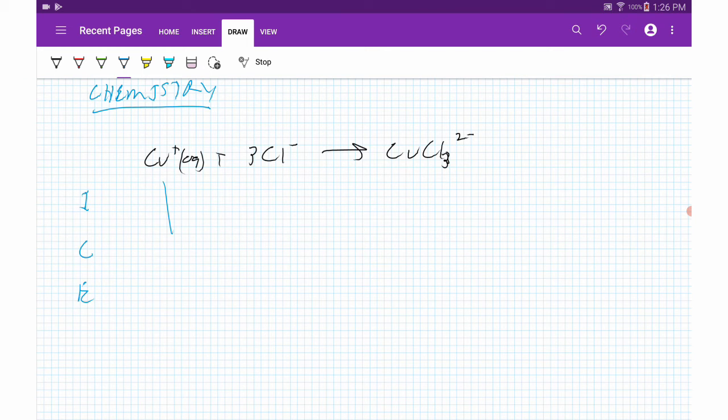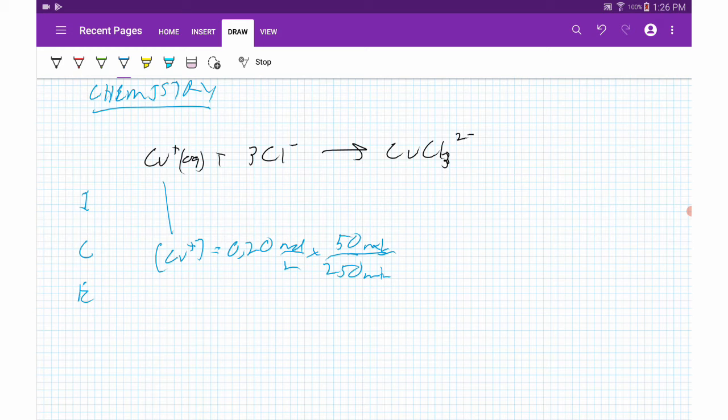So here, I'll be able to erase this in just a few seconds, we can calculate the concentration of copper as simply the dilution, 0.20 moles per liter, times 50 over 250 milliliters.